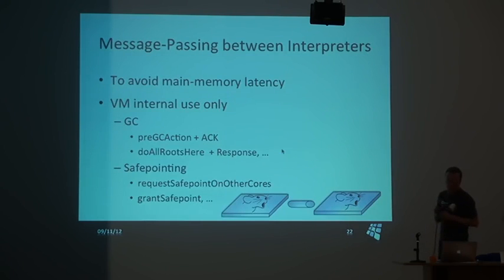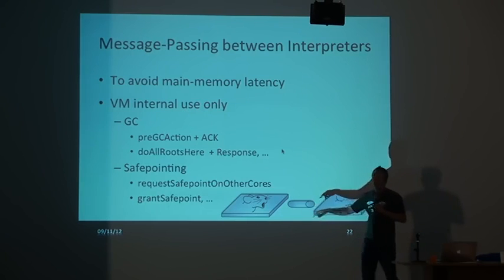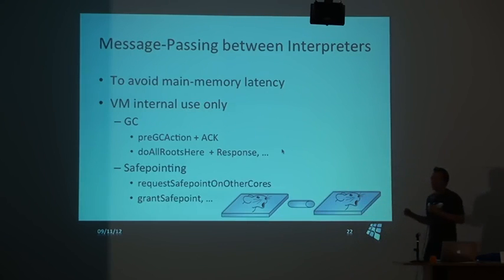What we do then is, for VM operations like garbage collection and save points, we really use the explicit communication facilities. We send messages between the interpreter instances to initialize garbage collection. If you have to reach a save point, you signal that via message passing instead of setting a flag somewhere.